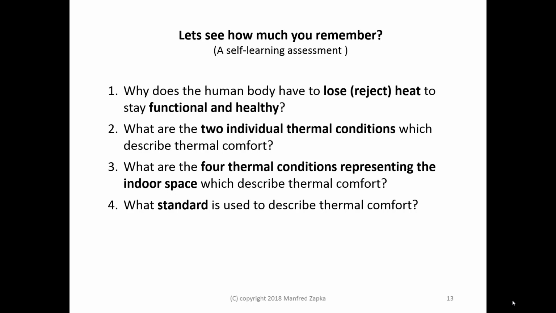The second one, you remember we had 6 thermal conditions. The first 2 are individual. What are these 2 individual conditions which describe thermal comfort? The next one is, what are the 4 thermal conditions representing the indoor space? And the last one, what standard is used to describe thermal comfort?